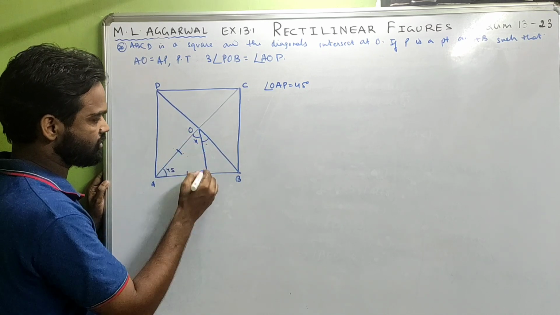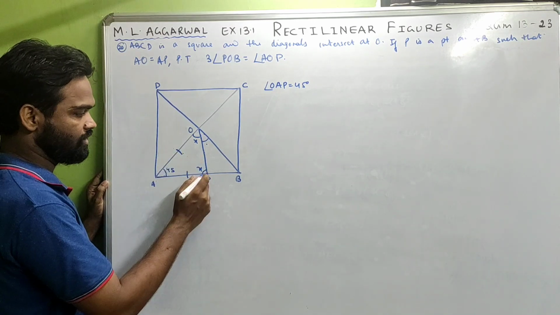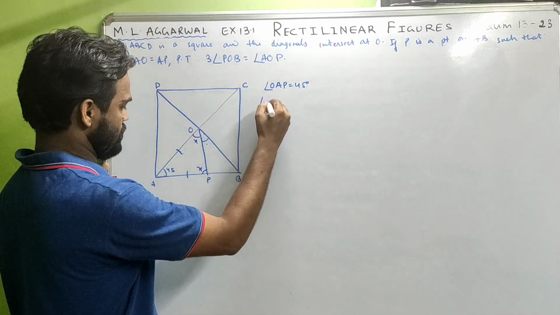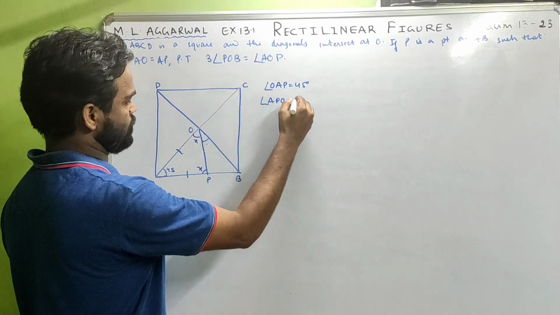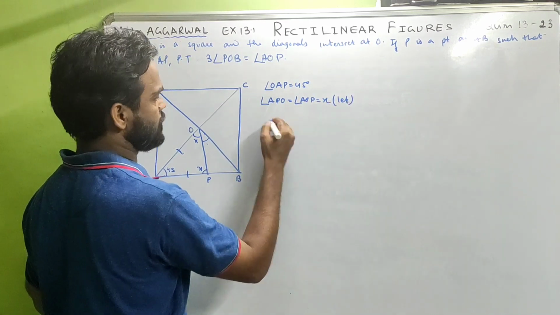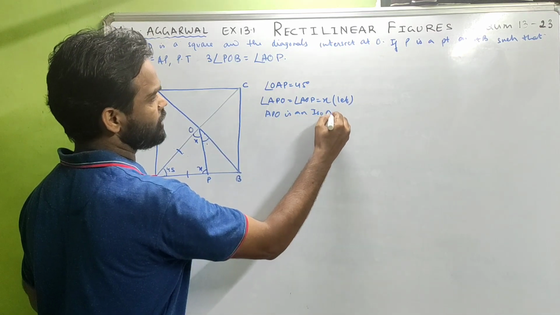So if this is X, this is also X. Opposite to AO you have this angle, opposite to AP you have this angle. So these angles will be equal. Angle APO is equal to angle AOP, which is X, because APO is an isosceles triangle, isn't it?